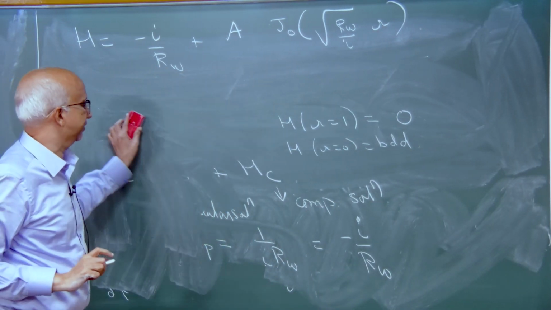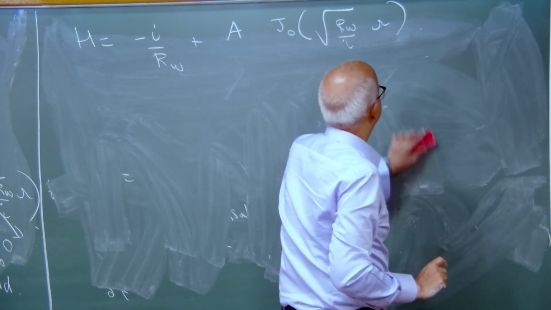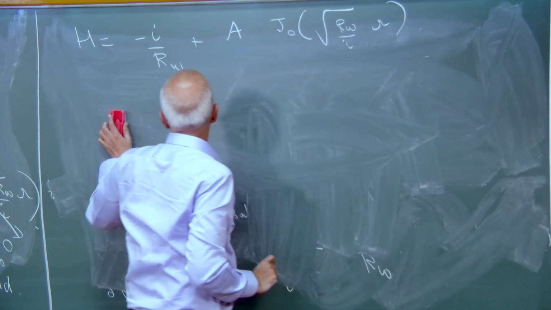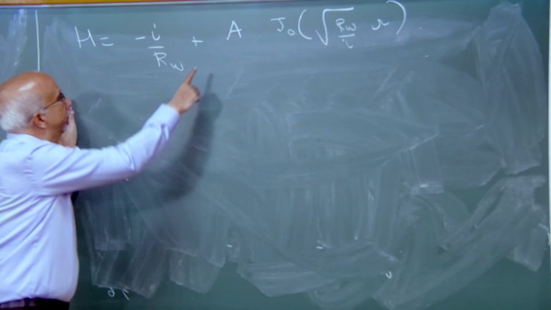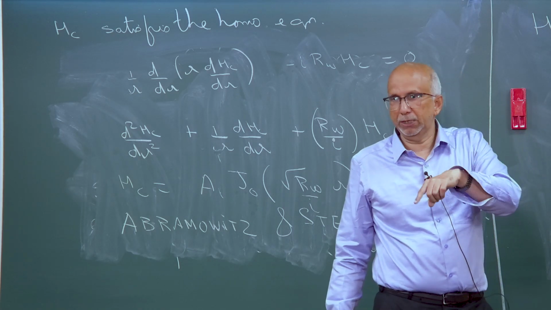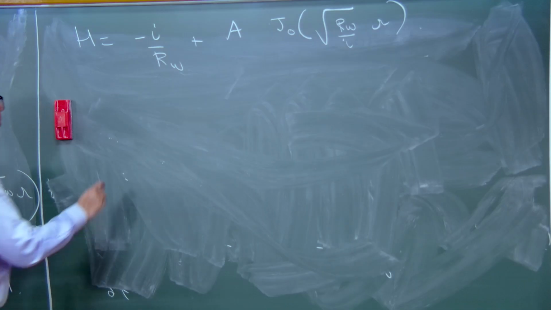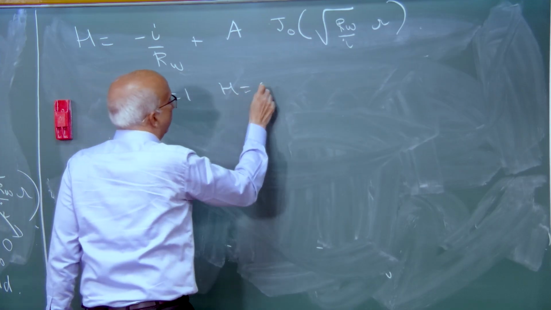This is my H, and I need to find this A. I need to get A by using the boundary conditions. At r equal to 1, H must be 0. So at r equals 1, H equals 0.